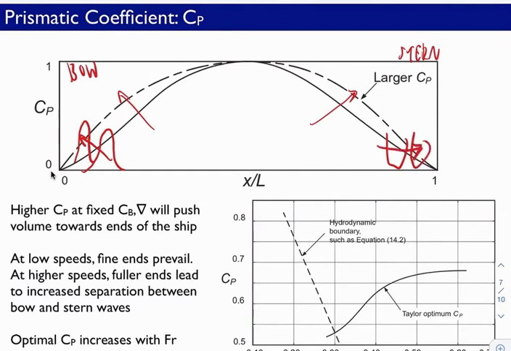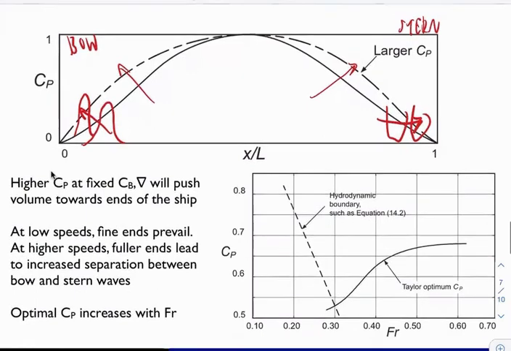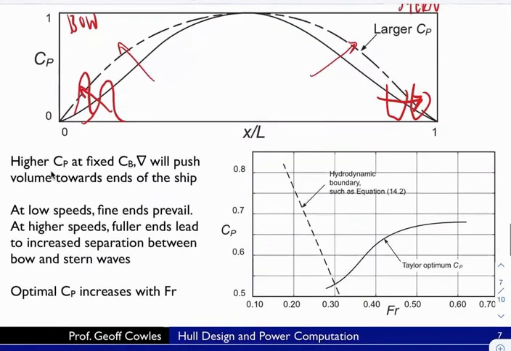So you're increasing the effective length of the boat by using a larger prismatic coefficient, by separating the bow and stern wave further, meaning you can go to a higher Froude number before they're adversely interacting. At these high Froude numbers where wave drag is important, having fuller ends means that you actually have decreased wave making resistance.